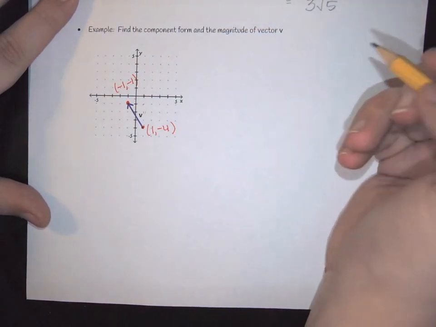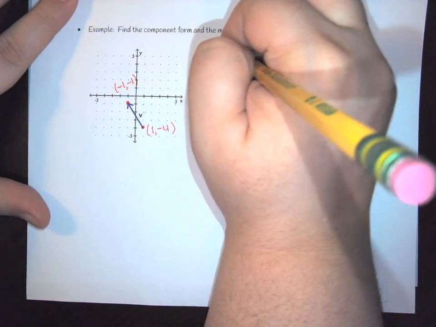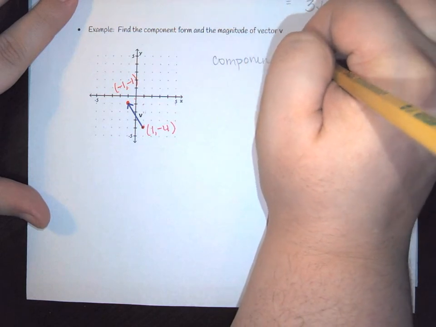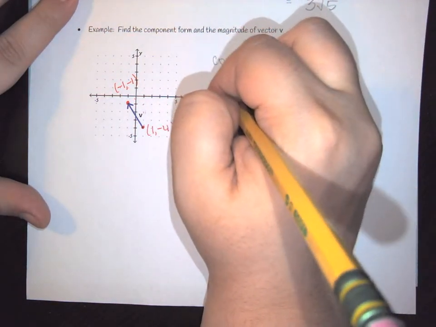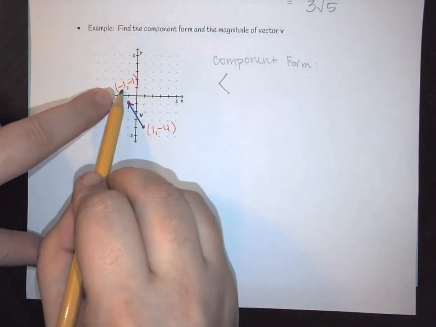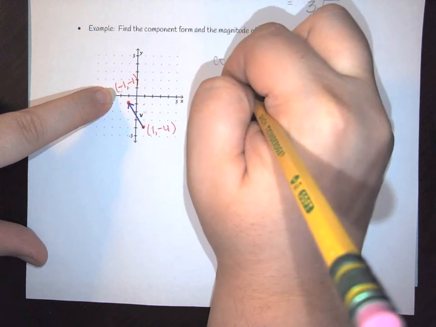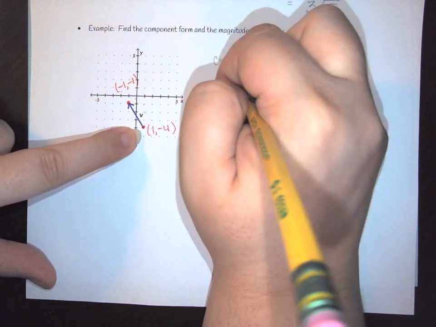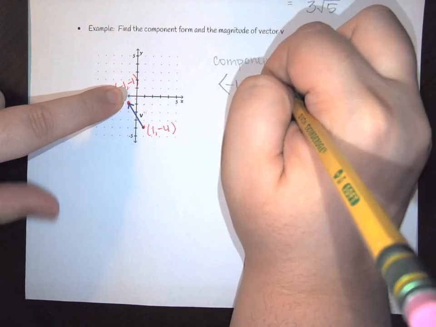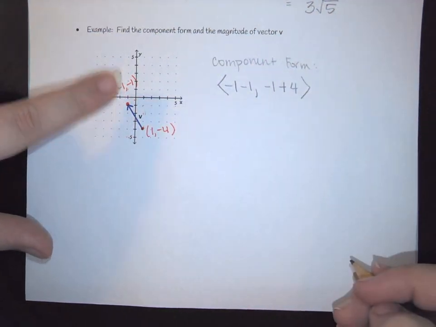The first thing I need to do is component form. Again, component form says you're going to start with your x values, and we start with the ending point, so -1 minus 1, comma, and then do it again, -1 minus -4, and close it.